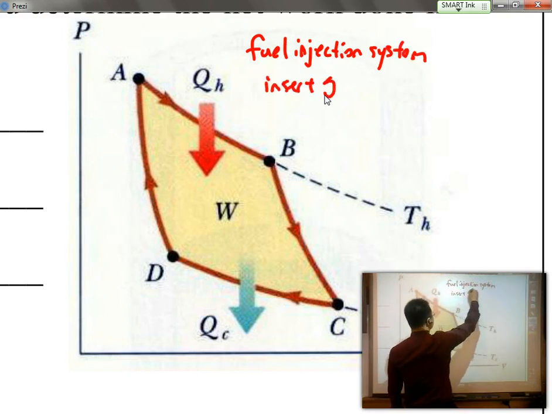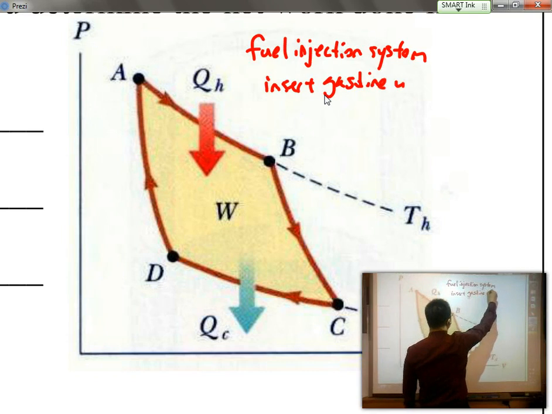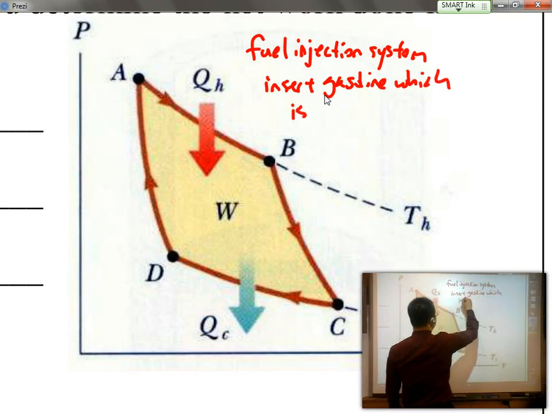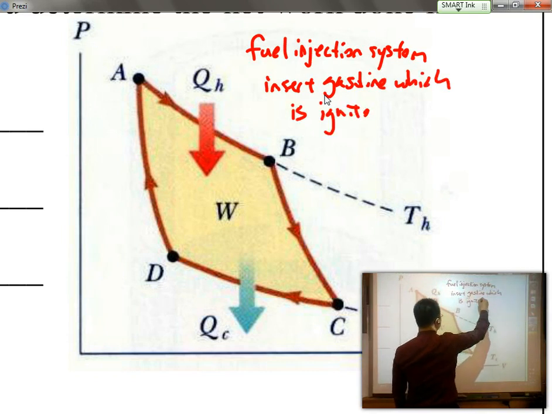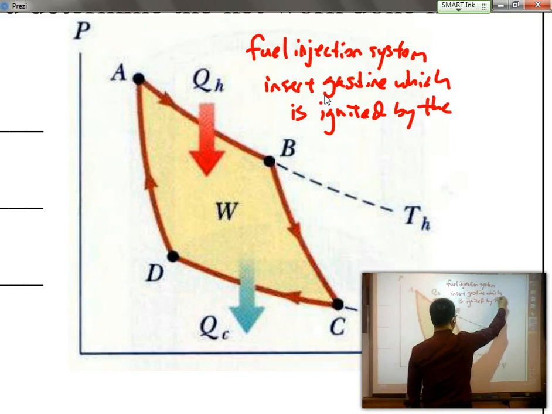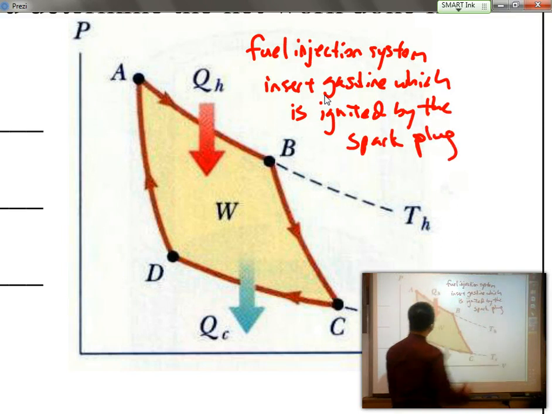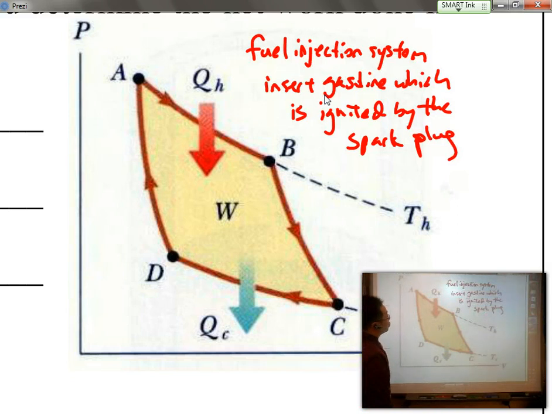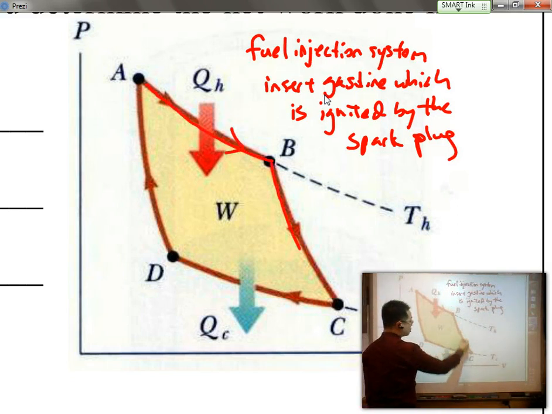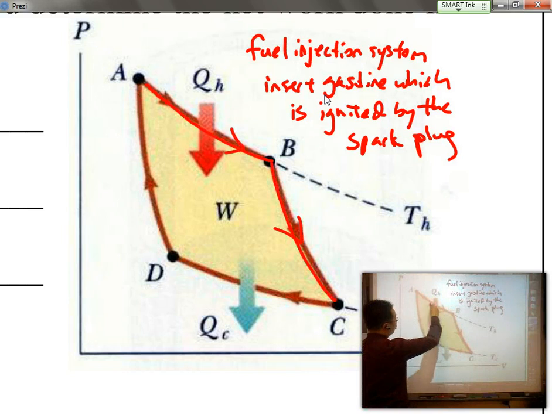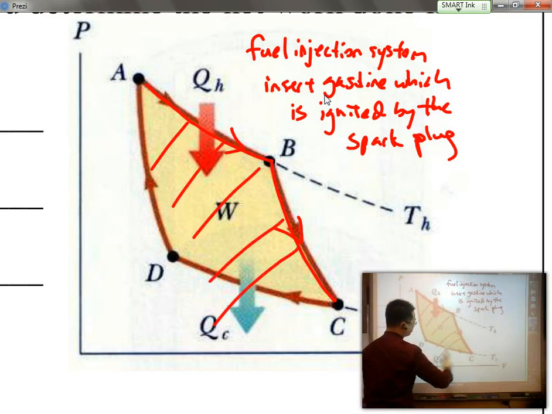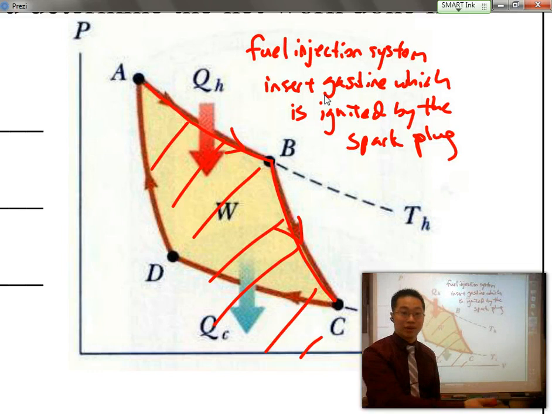Insert gasoline, which is ignited by the spark plug, okay, which causes the piston to expand outward. That energy is used up, right, and we generate all this work as the piston is expanding out.